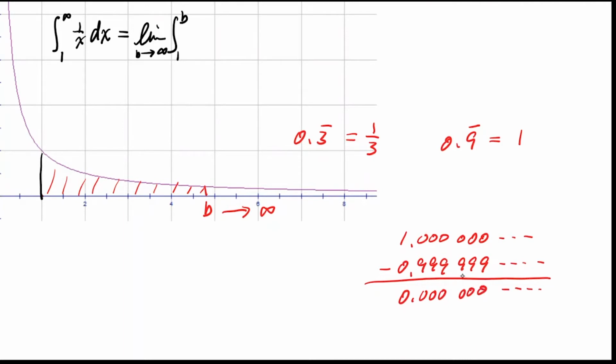Oh, 1 minus 0.9 repeating is equal to 0, so these two must be equal. Aren't you convinced more than ever that they are not equal now? Like 1, there's a 1, where is that 1? Well, that 1 is infinitely far away, right? So, are they equal or are they not equal?